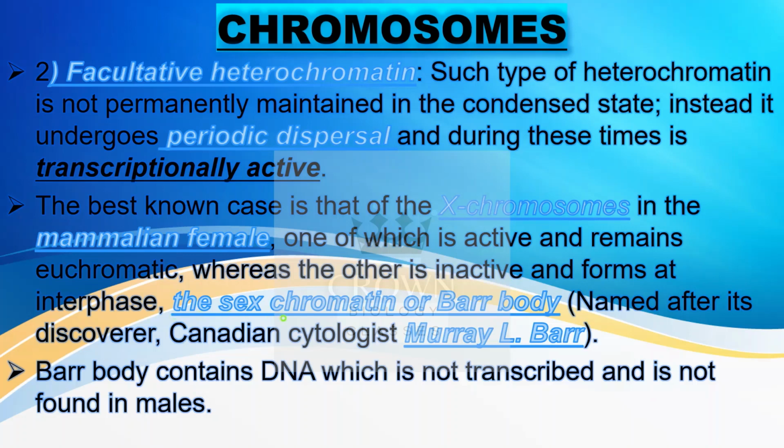What it forms is the sex chromatin or bar body, and this bar body is named after its discoverer, the Canadian cytologist Murray L. Barr. This bar body contains DNA which is not transcribed and is not found in males. We know in case of males only one X chromosome is present. So the bar body contains DNA and that DNA is not active for transcription.